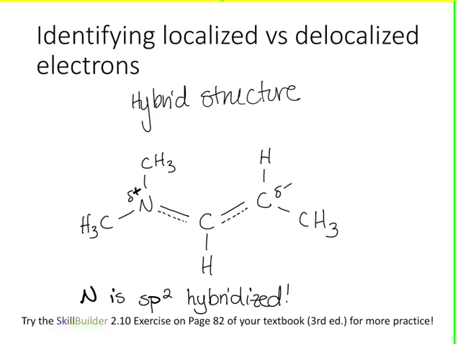Now, if nitrogen was sp3 hybridized, its electrons wouldn't be able to move. So that nitrogen has a p orbital that's hanging out, and sometimes that lone pair of electrons is in that p orbital, sometimes it's not. It's kind of a mix, but without that extra p orbital that's hanging out on nitrogen, it wouldn't be able to delocalize its electrons.